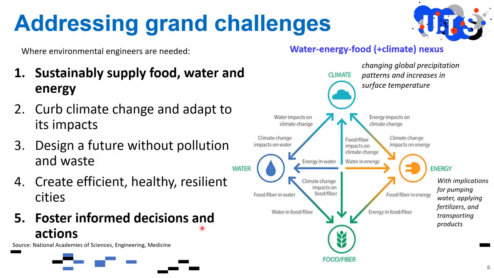And we're going to discuss this more. So basically, out of the 5 grand challenges, our focus of this class would be on the sustainably supply of water. And another one is foster informed decisions and actions by good stakeholder engagement.